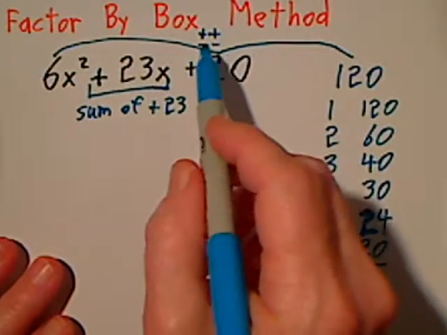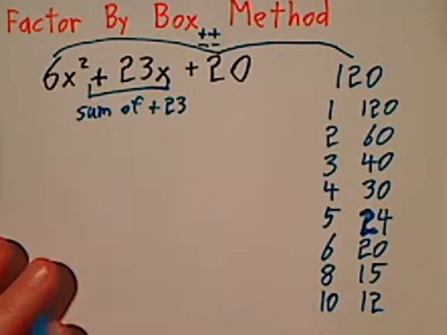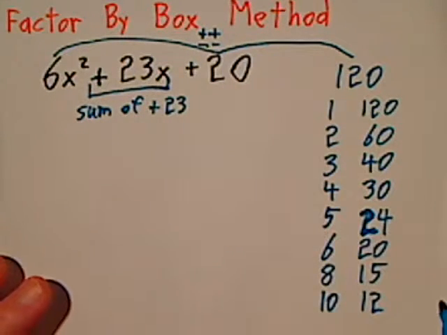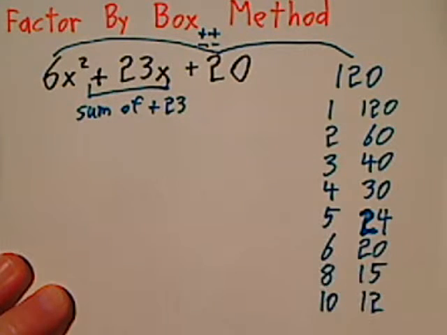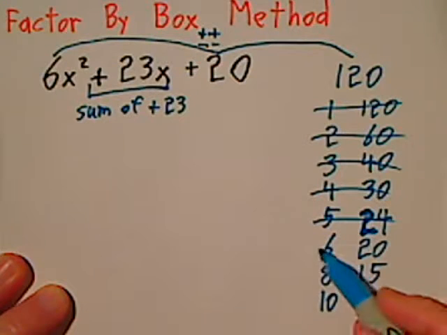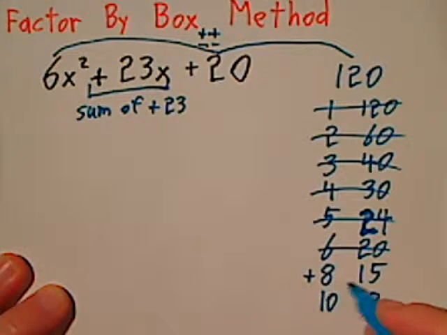So we would be adding like terms over here. All right, you should already be familiar with some of that from earlier factoring. And to find a sum of positive 23, if you work your way down the list, none of these are going to work until you get down to 8 and 15. That'll give you a sum of 23.